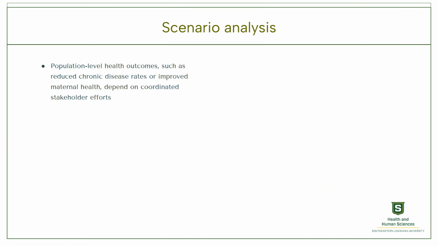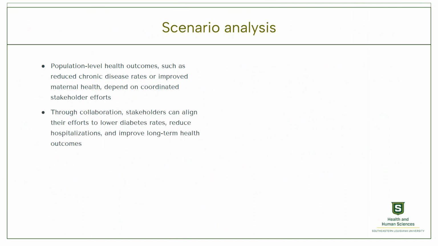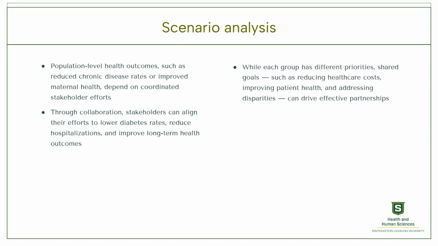So multiple stakeholders will be involved, and their coordinated efforts are key to achieving all of this. It's through collaboration that different stakeholders can align their efforts to achieve something like reducing diabetes rates, reducing hospitalization, and so on.